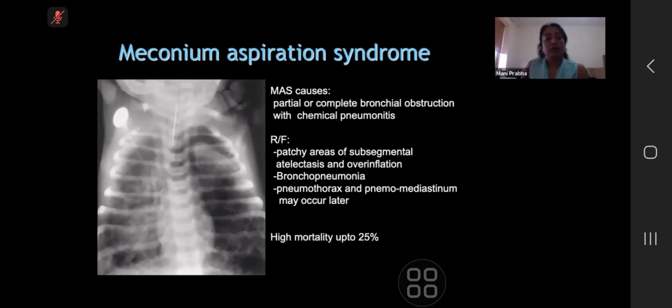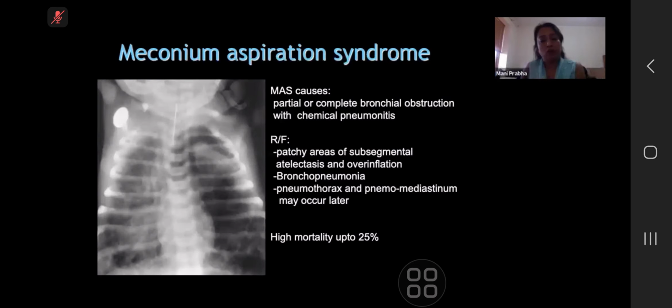So, yeah. What causes meconium aspiration? The cause is partial or complete bronchial obstruction along with chemical pneumonitis. That's what happens due to meconium. One, it causes chemical pneumonitis. Secondly, it blocks the bronchioles. So radiologically, we can see bronchopneumonia as a result of chemical pneumonitis.